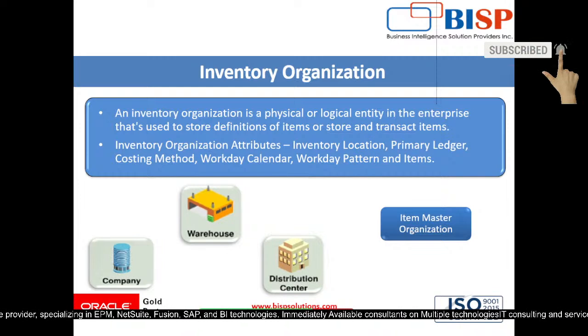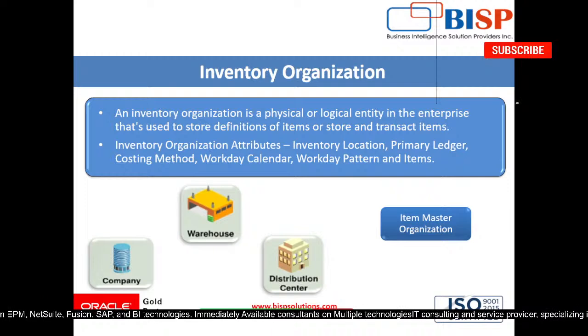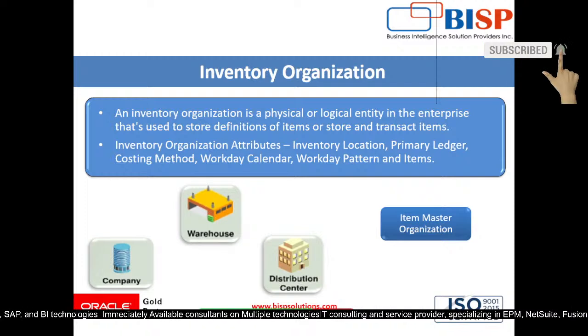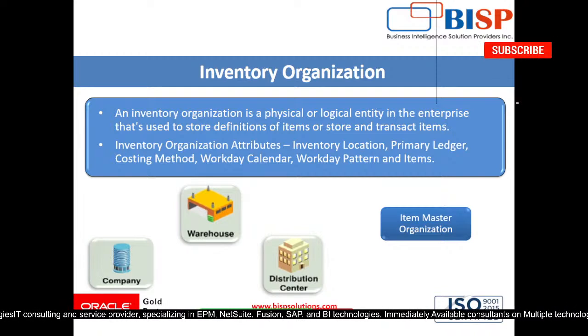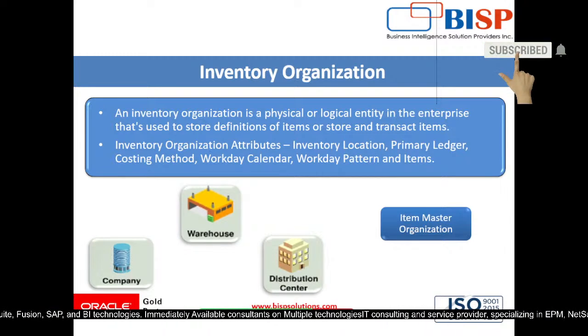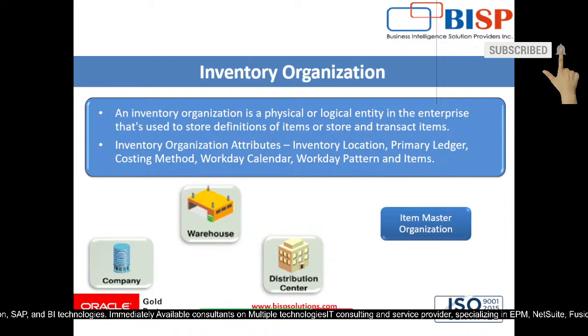An inventory organization is an enterprise that is used to store the definition of items, and to store and transact items. It can be a physical entity such as a manufacturing warehouse or a distribution center, and a logical entity such as the item master organization, which we use to define the inventory item. In this inventory organization, we have some more attributes: the inventory location, primary ledger, and costing organization attributes in our application. You can see we have the company.